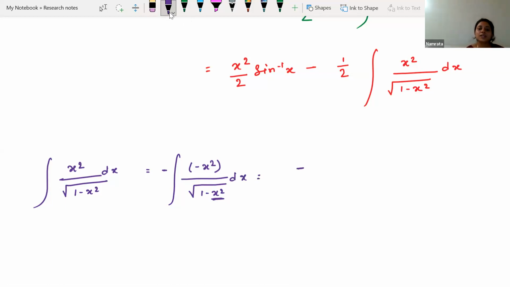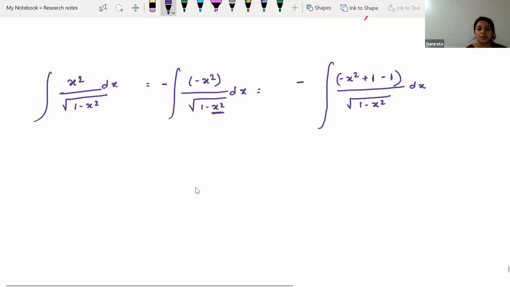So minus outside, here I am adding 1 and subtracting 1, by under root 1 minus x square dx. Now I am going to separate it.